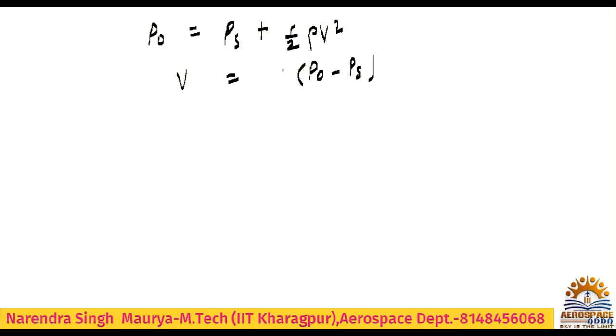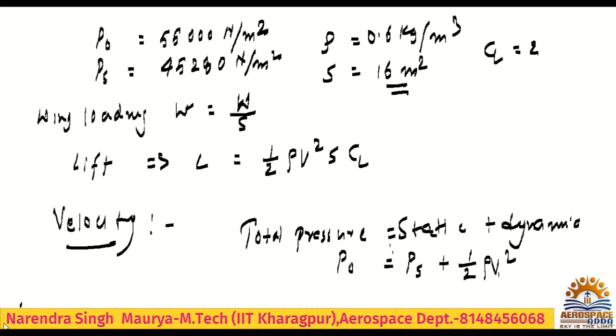Simple. See, all problems are very simple. Only the thing is you need to practice well. That's all. So what will be the V? It is nothing but the square root of 2 times (P naught minus PS) divided by rho. We just keep all the values in brackets. What was the value? It was 55,000 and 45,280.